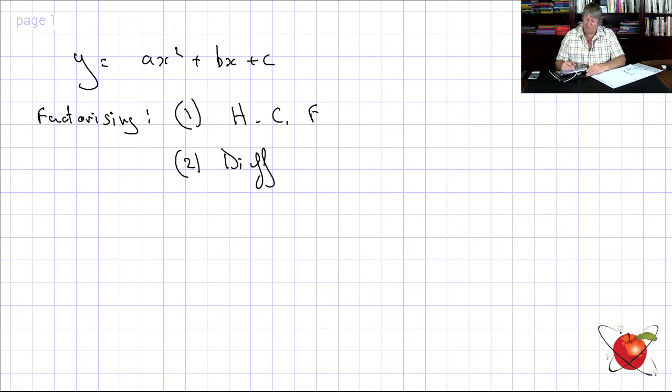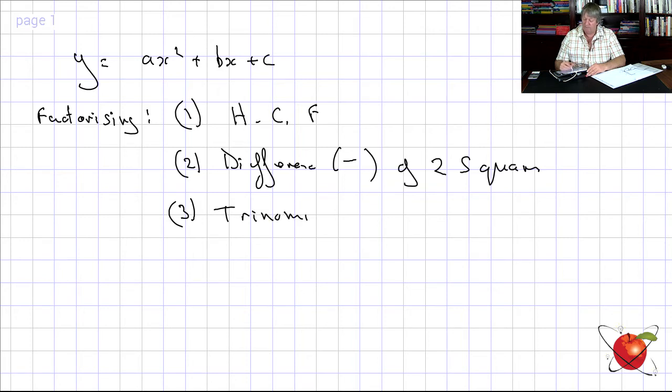We look for difference, which is a minus sign, of two squares. Number 3, we look for trinomial, which is aka quadratic equation, that's our ax squared plus bx plus c form.